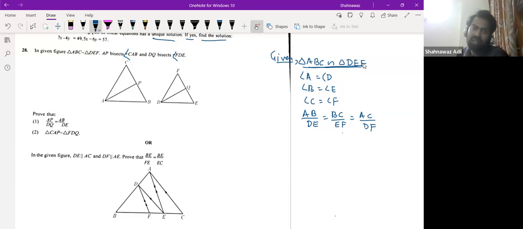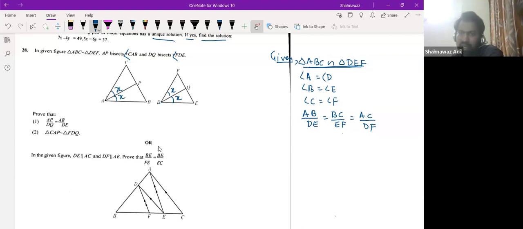Now what else is given? AP bisects angle CAB, which is this angle A, and DQ bisects angle FDE. If the whole angle is 2x, then this is x and this is x. And we know that angle A is equal to angle D, so those are also equal, and this is also x, this is also x.